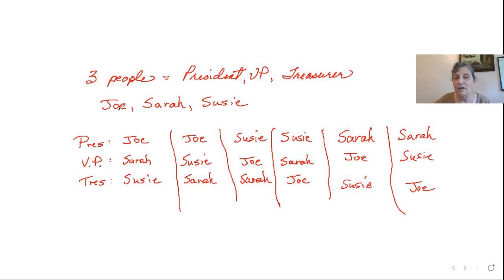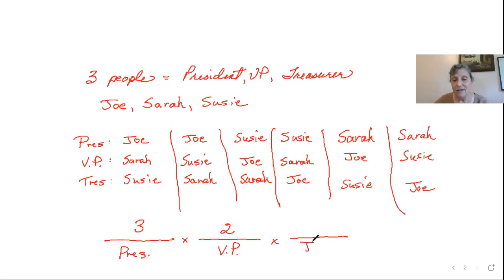Now, whoever is chosen for president, we have 3 options to choose from. However, since we cannot have any repeats, no matter who is chosen to be president, we now only have 2 options to choose from for vice president. And since we now have 2 of these people chosen for the first 2 spots, that only leaves us 1 person left to be treasurer.